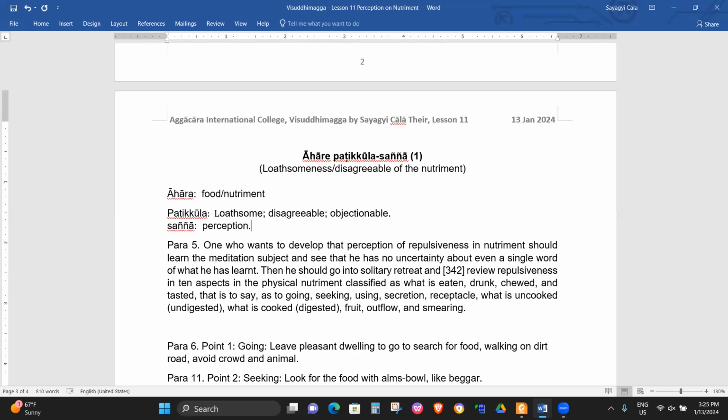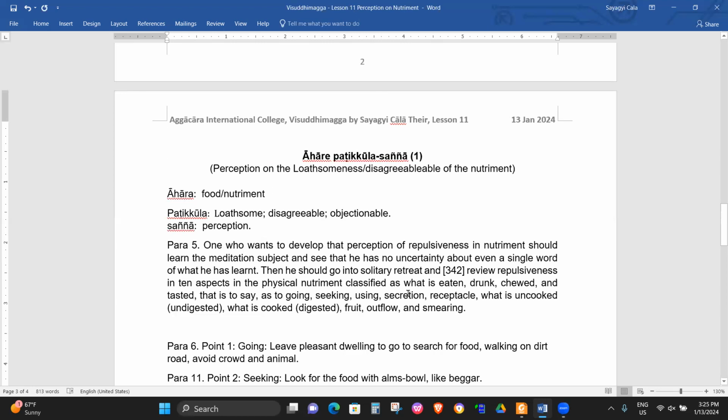We are not talking about eating; we are seeing the food. We are not just trying to eat not-good food. We are just trying to have this perception. So the title should be: perception of the loathsomeness, or disagreeable nature, of the nutriment.